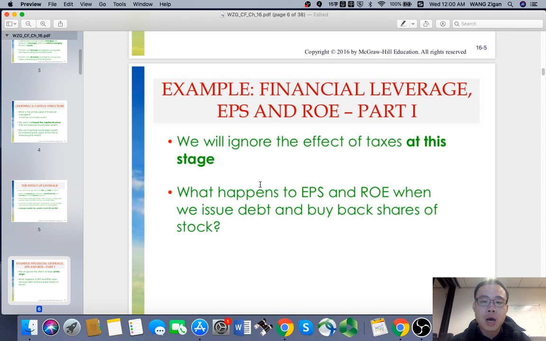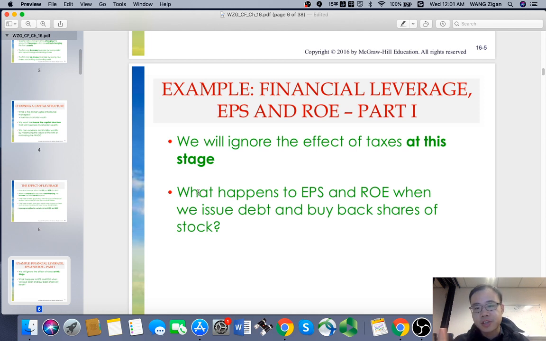And also, there are some taxes that could affect our calculation and way of thinking. So we first ignore this in the first part of this chapter, and we will also ignore this in the first case of the second part, then we will go back to this in the second case of the second part.